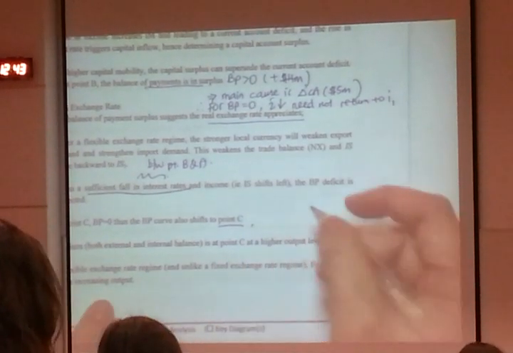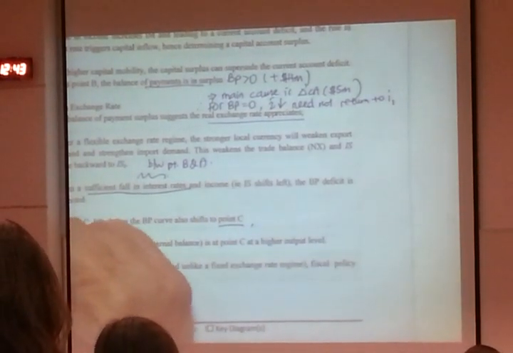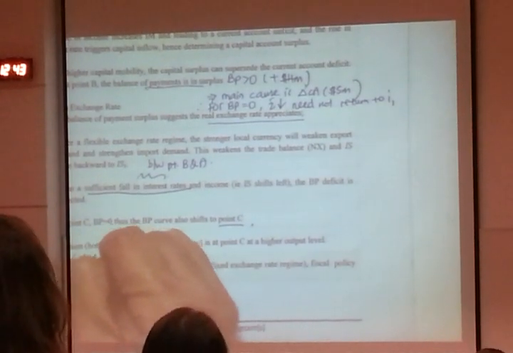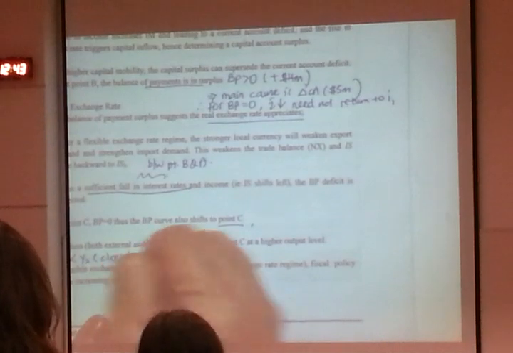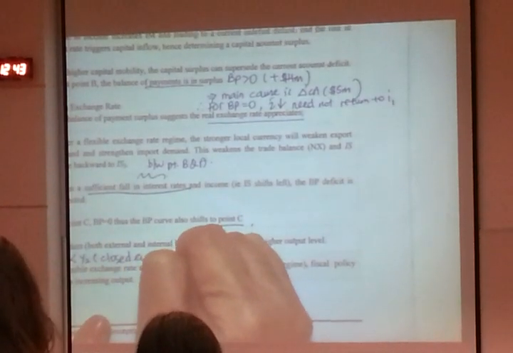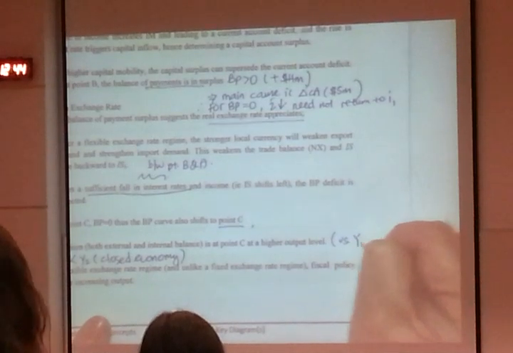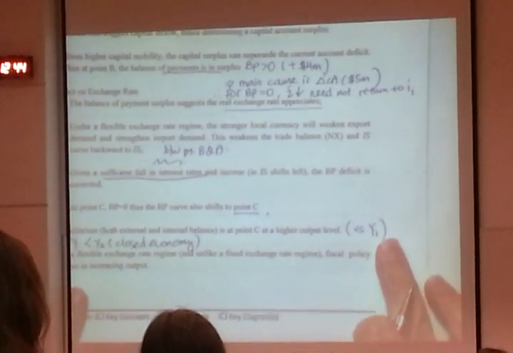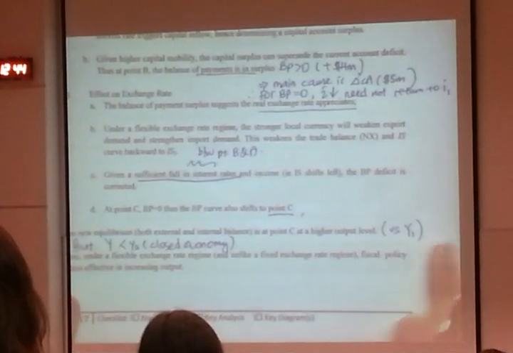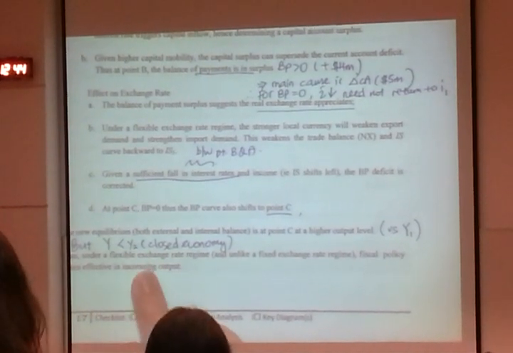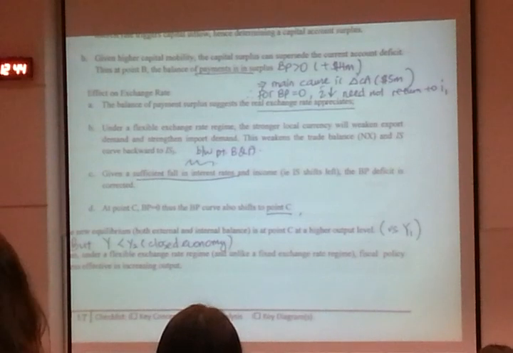However, I will put there, output is less than Y2, which is a closed economy. If I compare to Y1, output increases. But if I compare to closed economy, point C, the output is less than Y2.